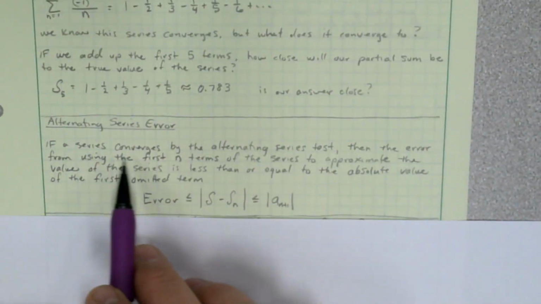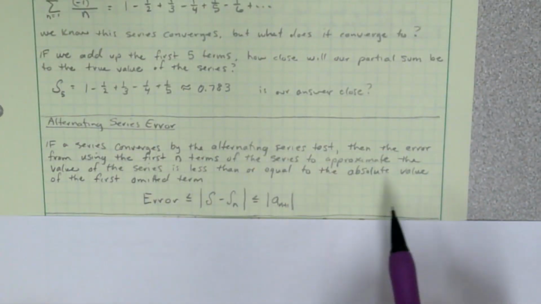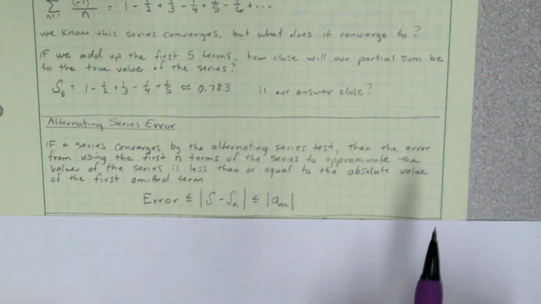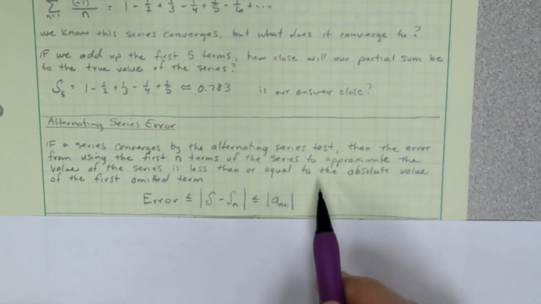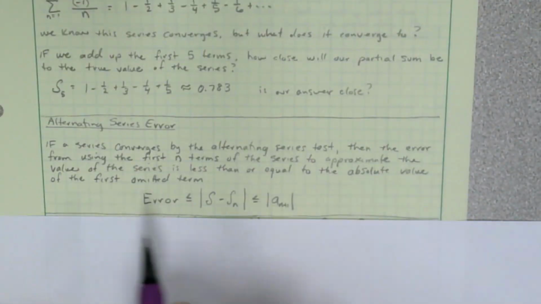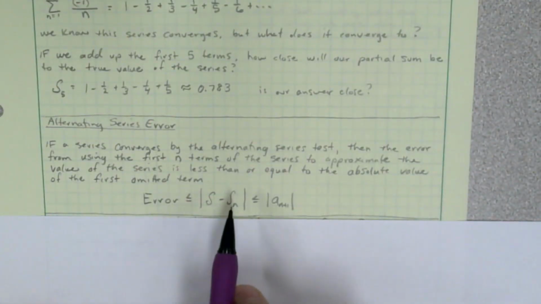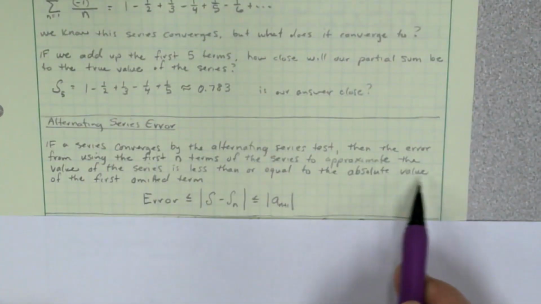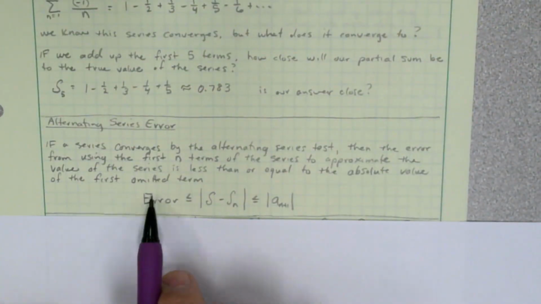If a series converges by the alternating series test, then the error from using the first n terms of the series to approximate the value of the series is less than or equal to the absolute value of the first omitted term.